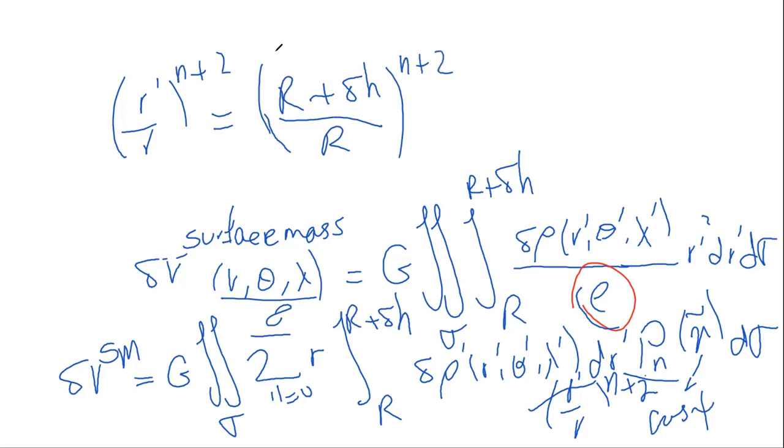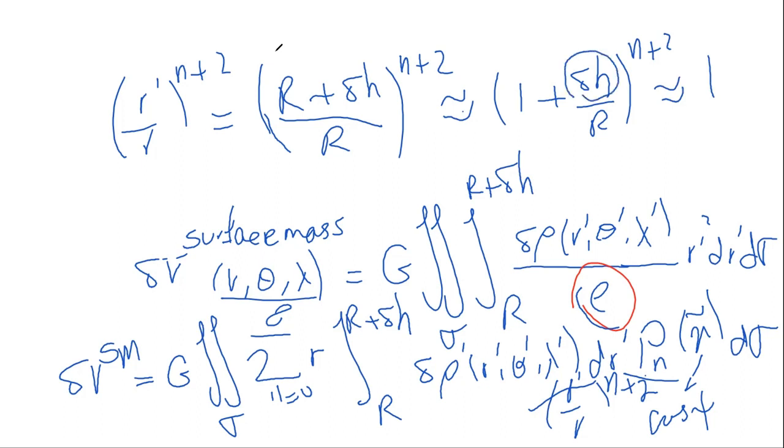and I can approximately write that R over R will be 1 plus delta H over R. But this is approximately 1 because delta R is considerably smaller than R. This is approximately 0.